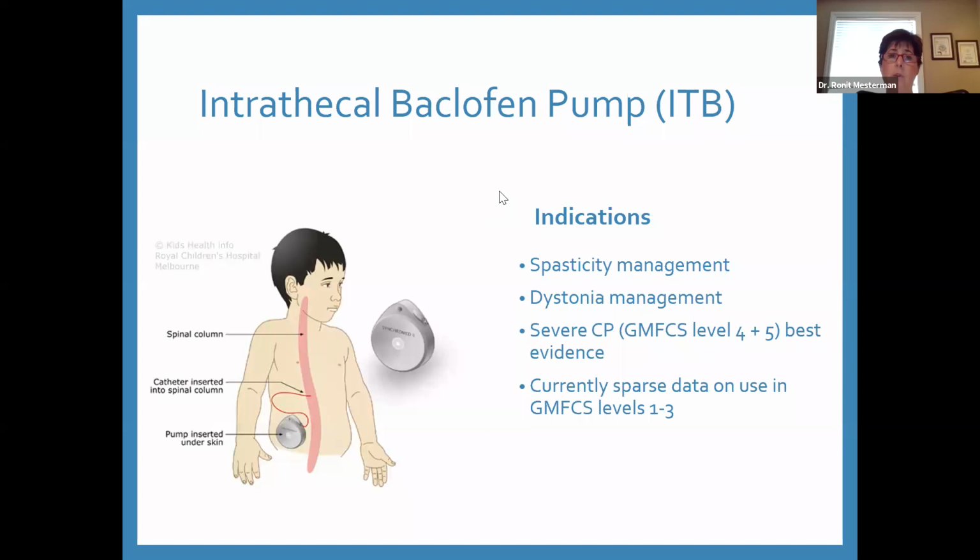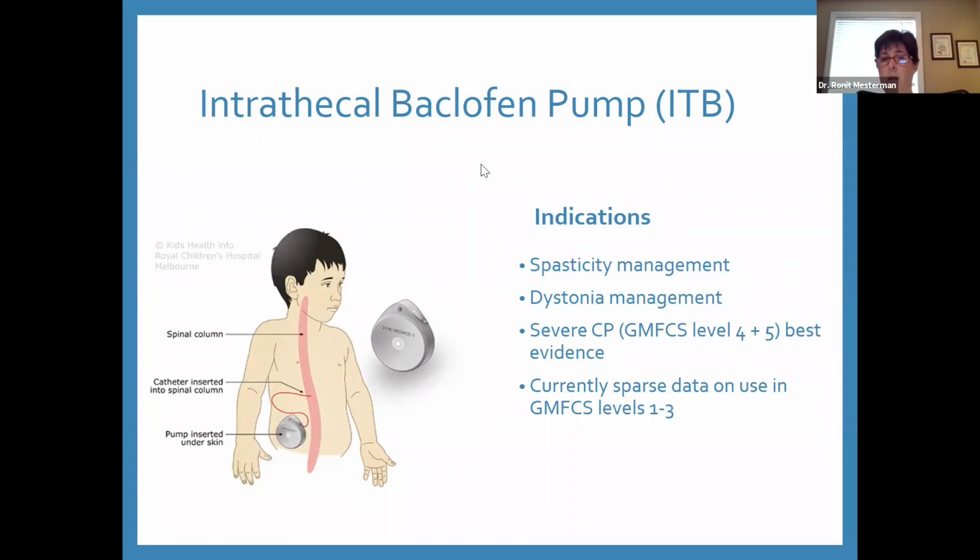So the intrathecal baclofen pump is a neurosurgical intervention where a catheter gets implanted into the spine and a device under the skin in the abdomen to deliver small amounts of baclofen directly to the spine.